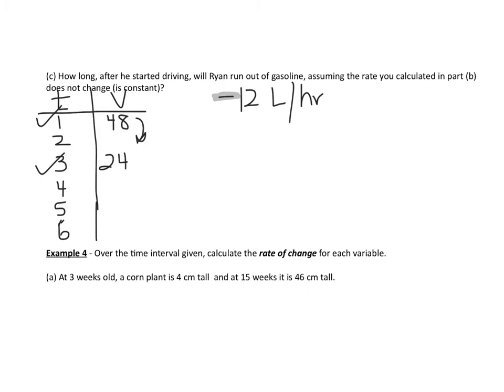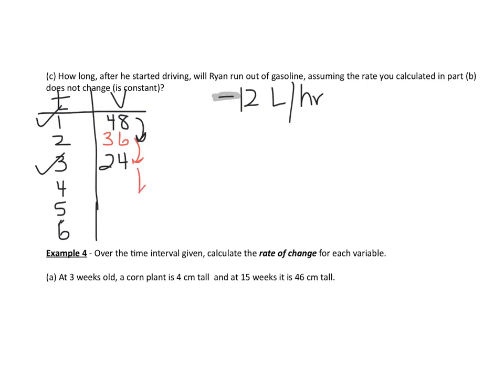But we could calculate that ourselves because we know that if he started with 48 liters of gas, by the next hour, or at the 2-hour mark, he should have lost 12 liters. So we could just do a simple subtraction, 48 minus 12, which should give us, I'm going to use a different color here, 36 liters of gas. And then 36 minus 12 liters for the next hour brings us to 24 liters.